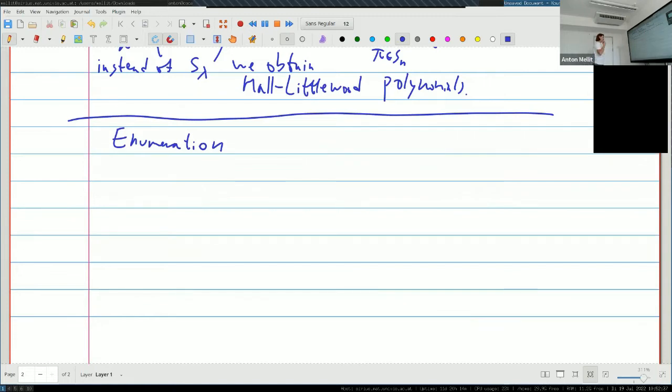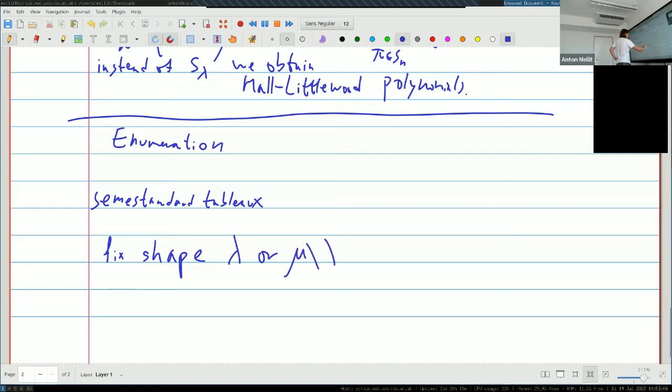So in algebraic combinatorics, we used to enumerate semi-standard tableaux as well. So we fix some shape. On this side, we will have a shape, which is a Young diagram or a difference of two Young diagrams.